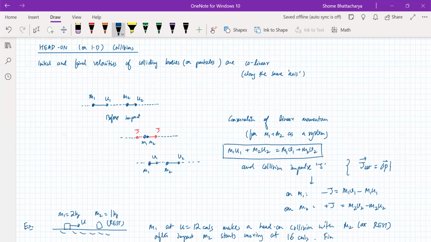Then find M1's final velocity and the collision impulse. Both these things we have to find.